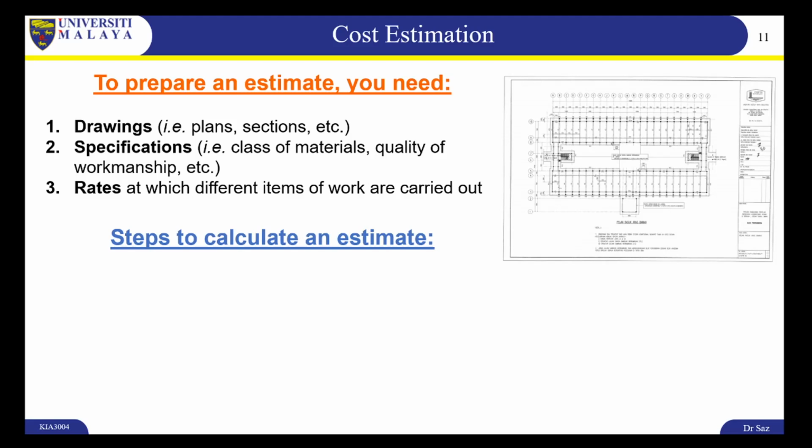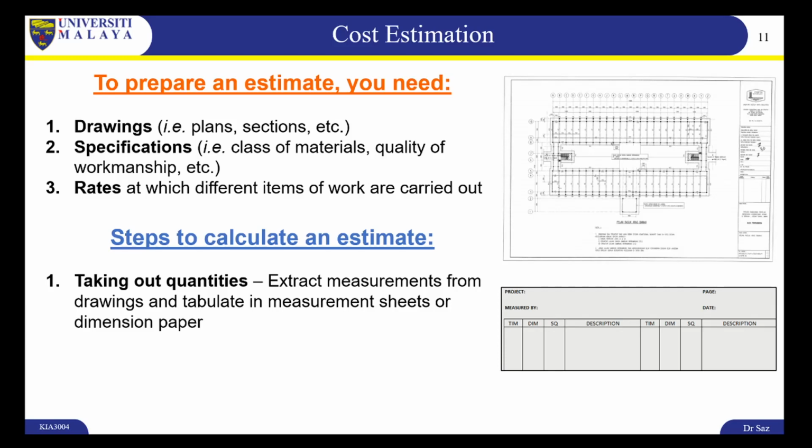Now, to calculate an estimate, the steps involved are taking out quantities. So we extract the measurements from these drawings and we place them in a measurement sheet, or we also call it a dimension paper.